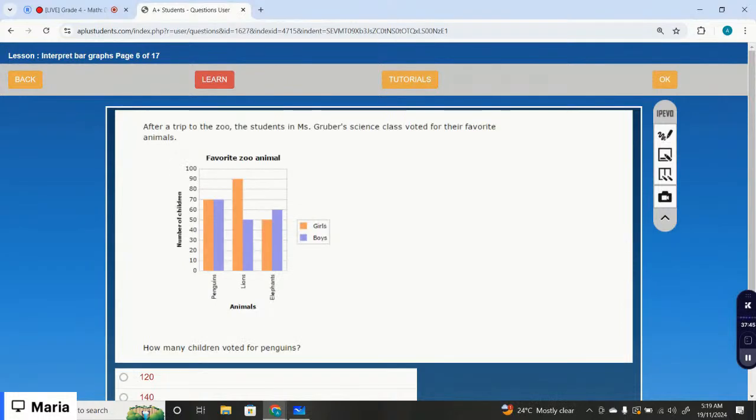After a trip to the zoo, the students in Mr. Gruber's science class voted for their favorite animals. How many children voted for penguins?